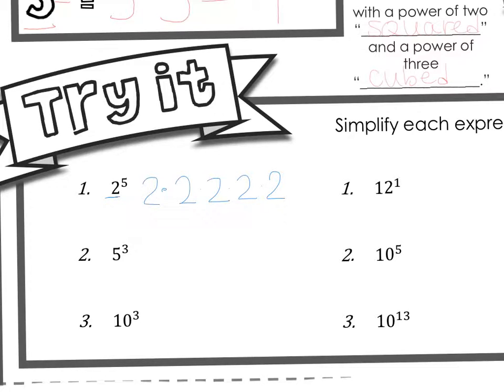So the base is 2, the exponent is 5, so I take 2 5 times. So 2 times 2 is 4, and then 4 times 2 is 8, and then 8 times 2 is 16. 16 times 2 is 32. So the answer, 2 to the 5th power, means 32.